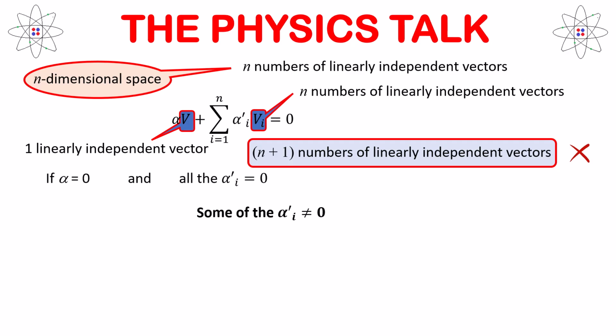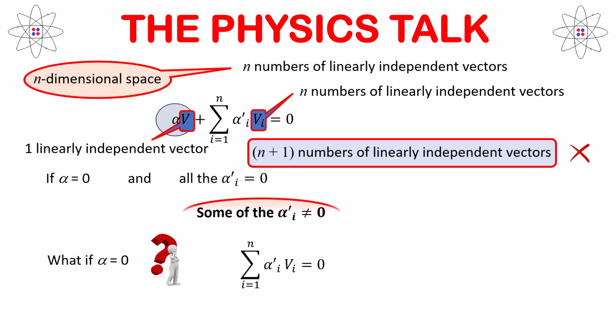Next, what if alpha is equal to 0? We can see if alpha is equal to 0, the first term goes off. What remains is the second term only, that is summation of alpha i prime vi is equal to 0. However, we have already established that some of the alpha i primes are not zeros.